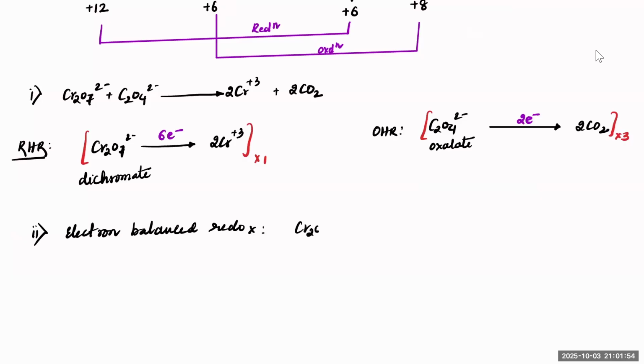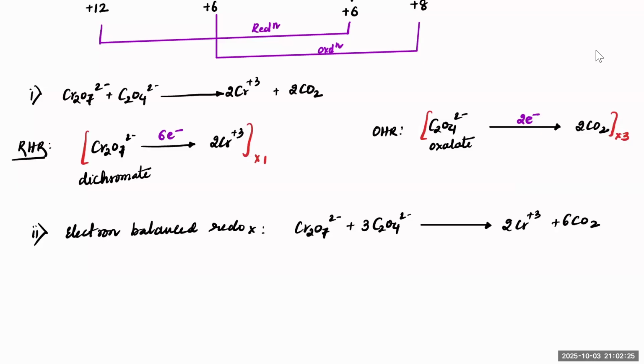And that is Cr2O7 2 minus plus C2O4 2 minus plus. Okay. Sorry, that's it. That is giving 2 moles of Cr plus 3 plus 6 moles of CO2. And how many oxalate? 3 moles of oxalate. Okay. So this is the balanced equation.